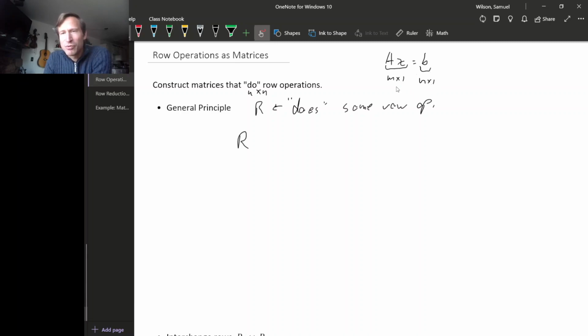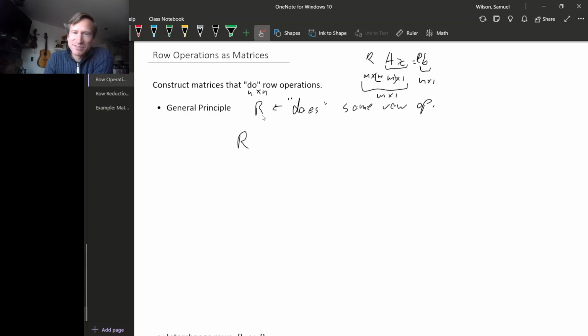And when you do a row operation, that doesn't change the number of equations that you have. And so after we multiply by R, this whole product should still be m by 1, but that means that R itself has to be square, just so that the sizes of the matrices work out.